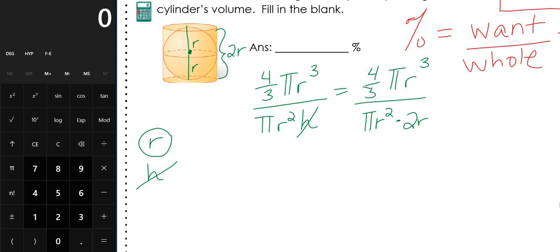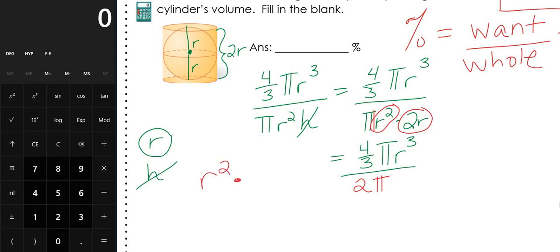Let's simplify this further. So 4/3 pi r cubed, I'm not going to touch the numerator for right now, over. Now for your denominator, I'm going to go ahead and simplify this. r squared times 2r. Well, 2 and the 1 that's invisible in front of the r squared are going to multiply together. So I'm going to bring 2 to the front. I'm going to bring the pi along for the ride. That's not getting touched. But now r squared times r.